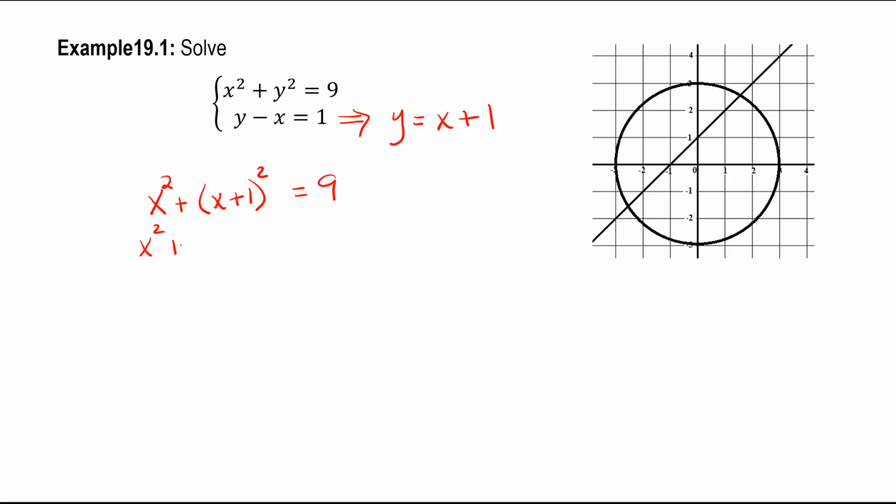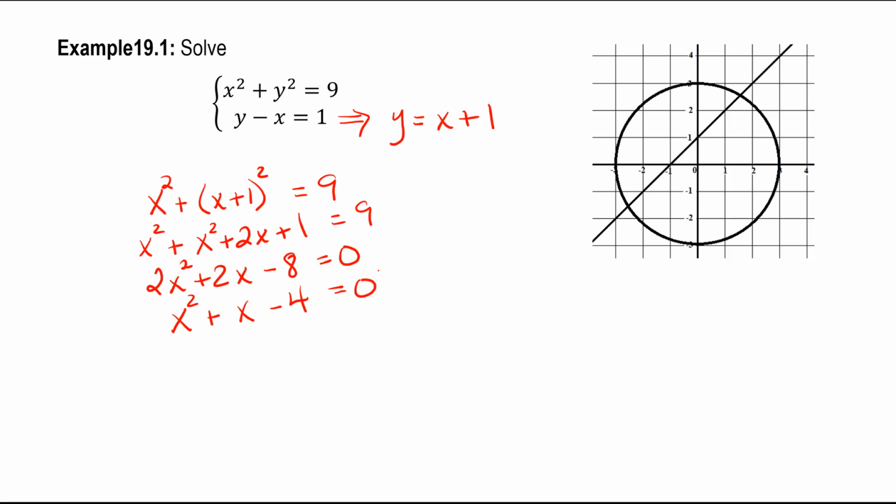Square the binomial: x squared plus 2x plus 1 equals 9, then add our like terms and subtract 9 on both sides, and we have a quadratic. We can divide both sides by 2 to start off, just to make it easier. Since we have an equation, we're allowed to do that. We can multiply or divide both sides by any non-zero number, and so now we can use the quadratic formula. So we'll plug that in.